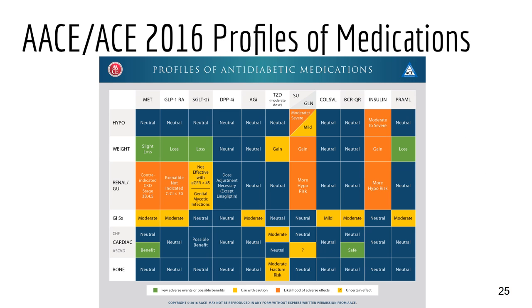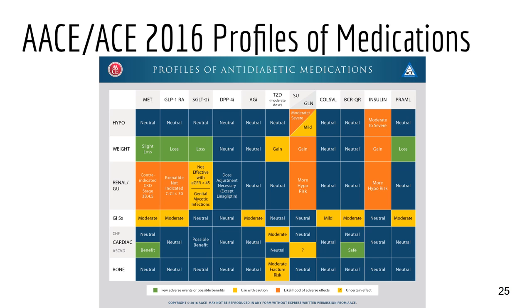So now that we've gone through all the medications, we just wanted to go through what the guidelines say in terms of what kinds of medications to choose, when, etc. So first up, we have the AACE/ACE 2016 profile of medications. This slide is really helpful because it helps compare all the main side effects that you may experience with the different classes of diabetic drugs.